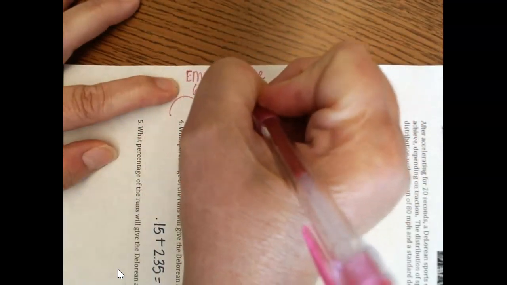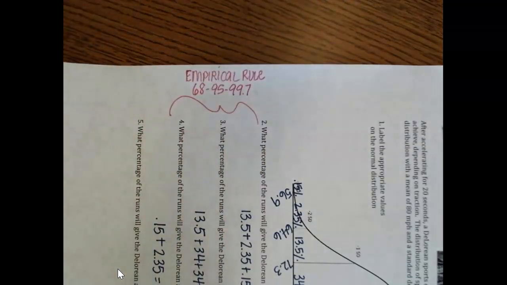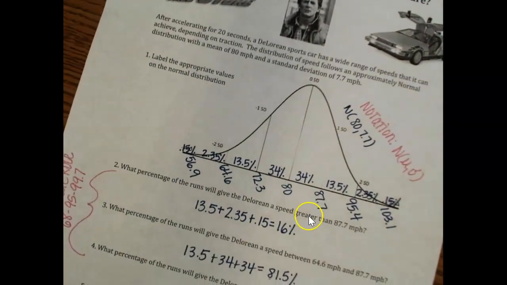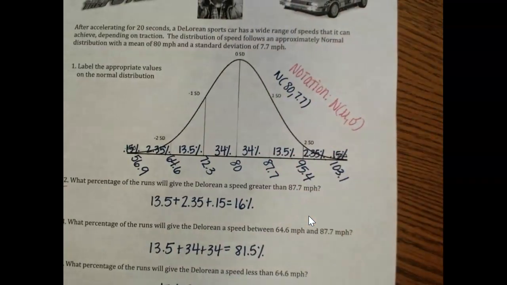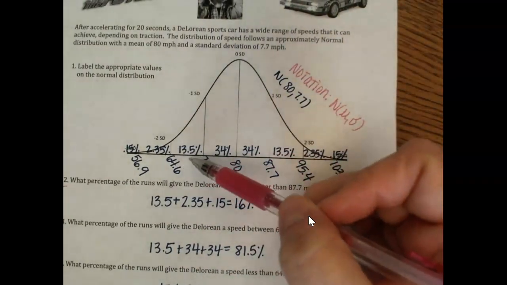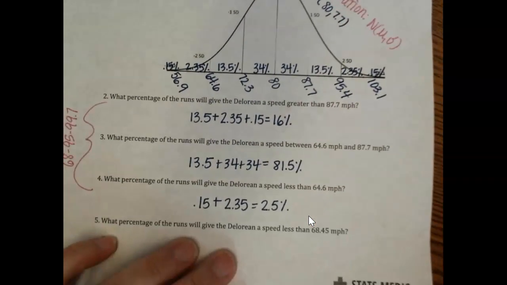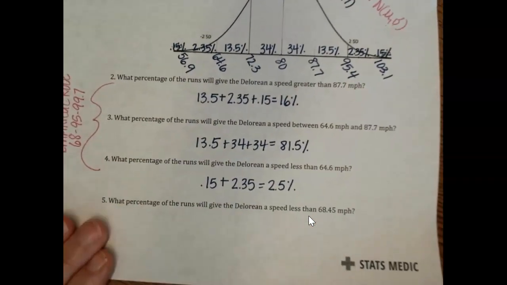That rule, to help remind you, is the 68, 95, 99.7 rule. However, that only works when you're going to whole standard deviation lines. What happens if we're falling between the standard deviation lines, like this question asked?